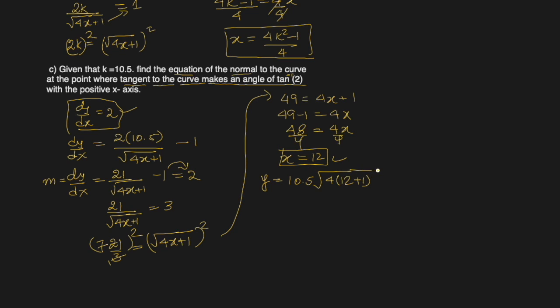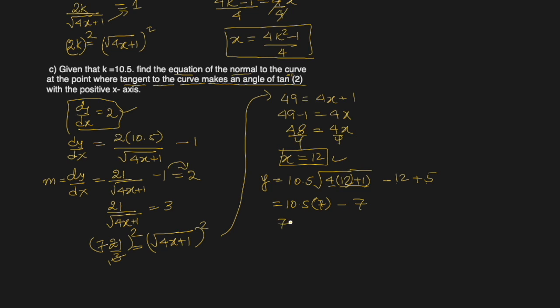So 4x is 48, plus 1, 49. Square root of 49 is 7, so 10.5 times 7 minus 12 plus 5, which will be negative 7.